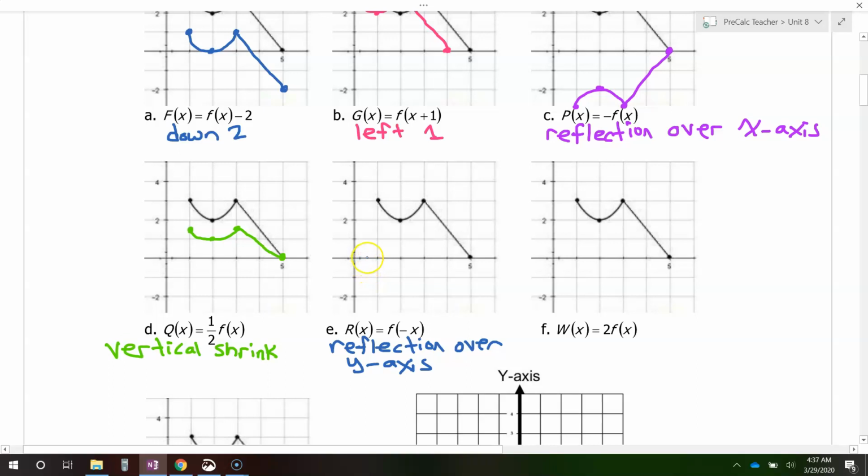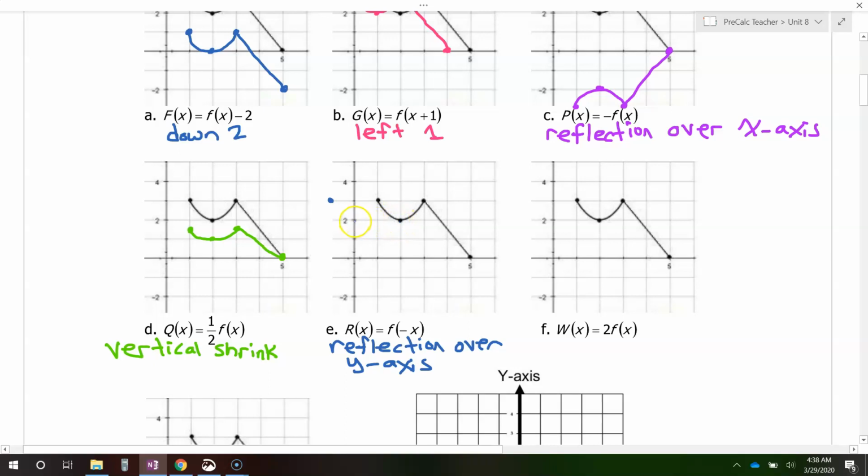All right, this is going to be a little bit tricky because this is going to put us actually onto the other graph. I really didn't leave enough space for this, but let's do it. So here's the y-axis. Notice that this first point is 1 unit to the right, so I'm going to have to go 1 unit to the left.